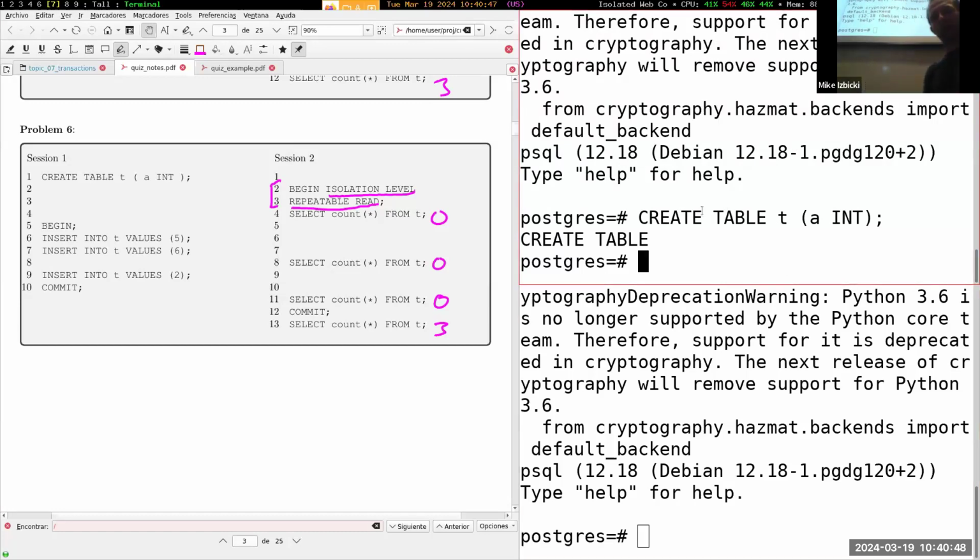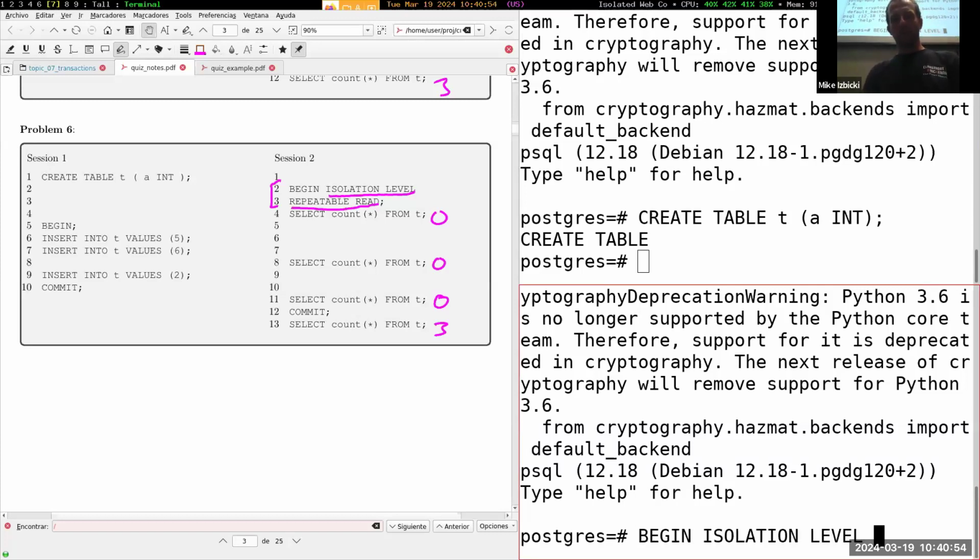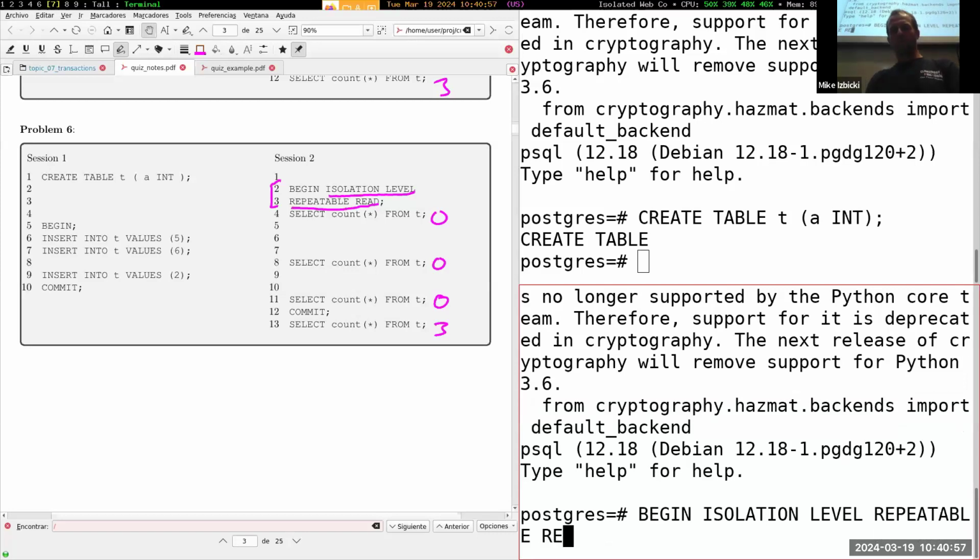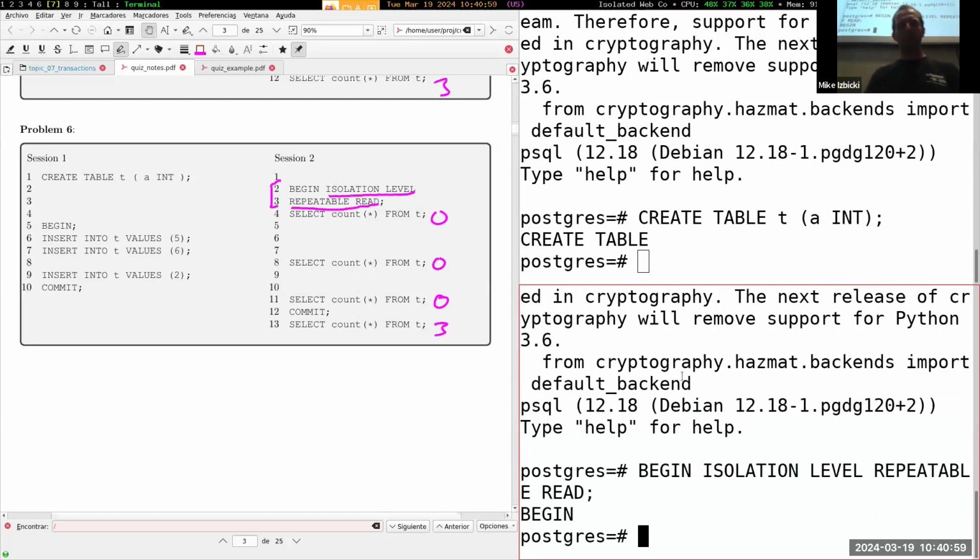In the top right corner, session 1, line 2, begin isolation level repeatable read, semicolon, enter. Line 4, the select, is the line that I'm going to delete, not going to run. So I'm not running this select count star down here in the bottom right hand corner.